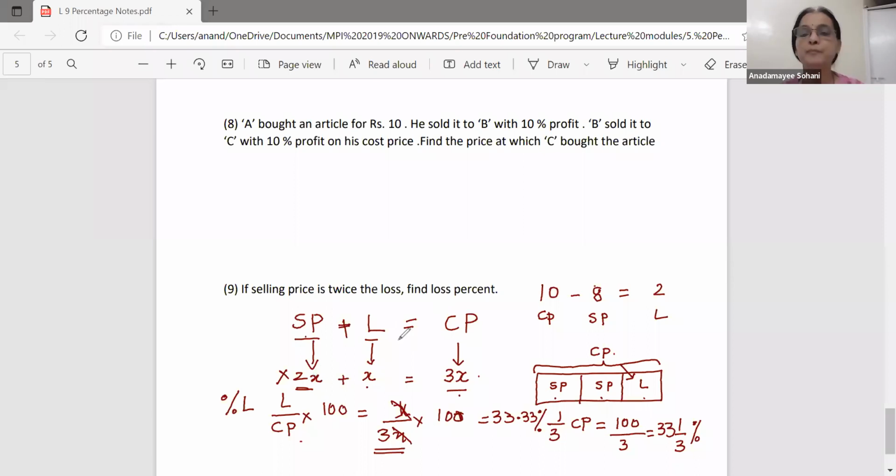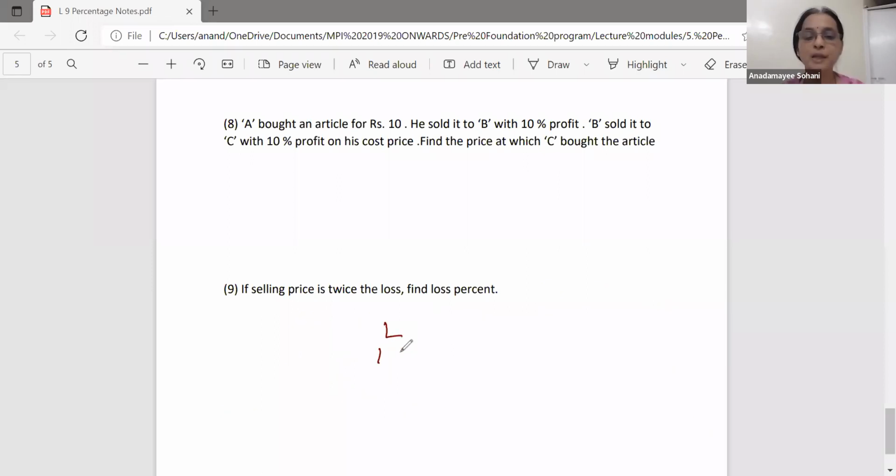If you take the loss as 100 rupees, then the sale price will come 200 and the cost price will come 300. Answer will be same. Loss percent will be 100 upon 300 into 100.